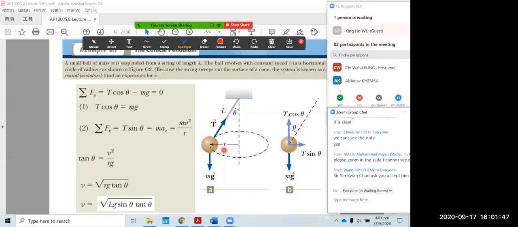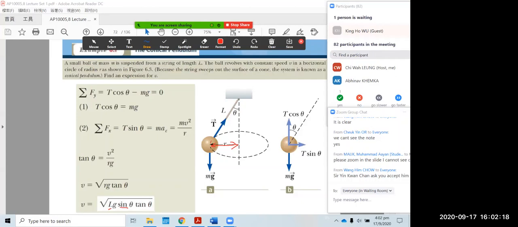R is the radius of the circular path. Now be careful here. R is the radius of the horizontal circular path. It is this one. It is not the length of the string. The length of the string is L, and it is related to R by L sine theta.